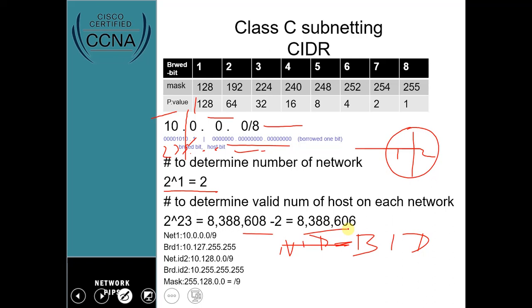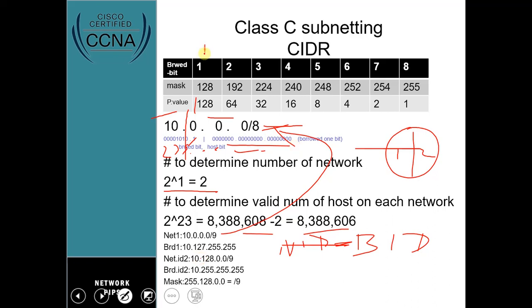To determine our first network ID, it is going to be the very first network that we broke down, which is going to be 10.0.0.0. Then the very first broadcast ID, to determine it, you're going to determine the next network ID, which is going to be 10.128.